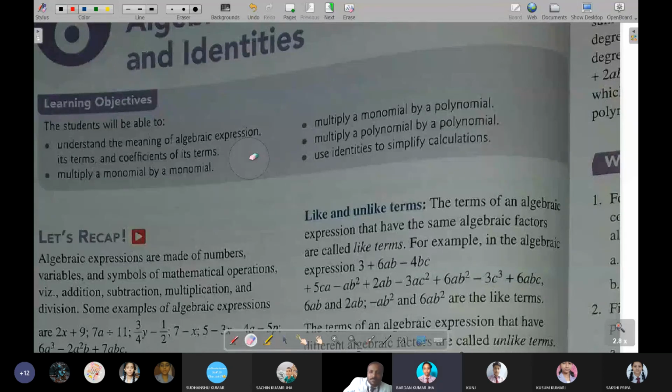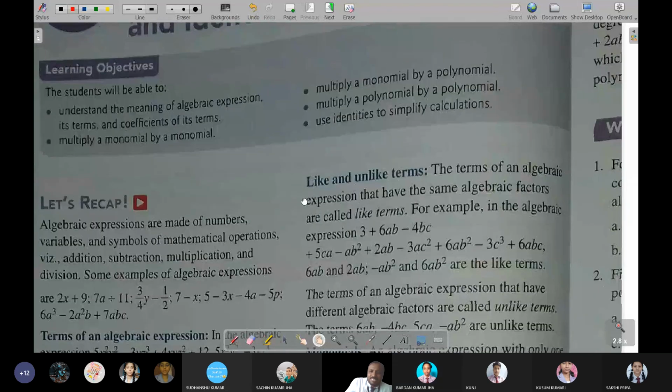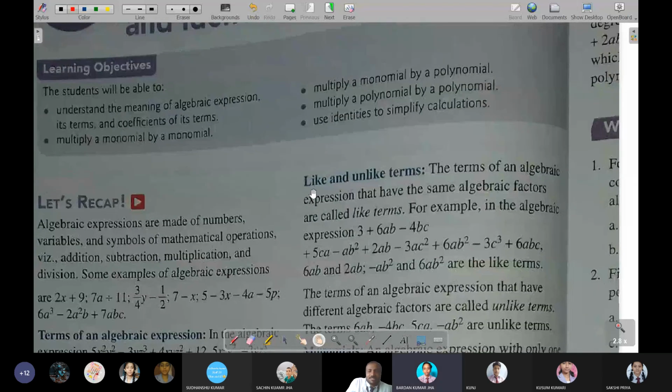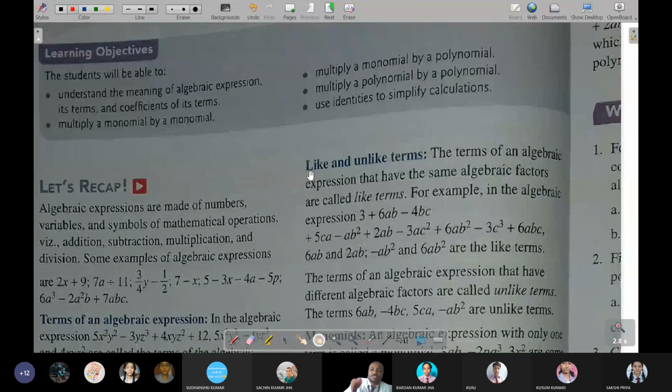Sir, do we have to learn that formula also? Of course, if you will be making and revising twice or thrice, it will be learned by yourself. By making only, it will be remembered in your brain. If you are simply copying from others and not making all the questions twice and thrice, then you have to remember it, and in that case it will not be fixed in your brain.